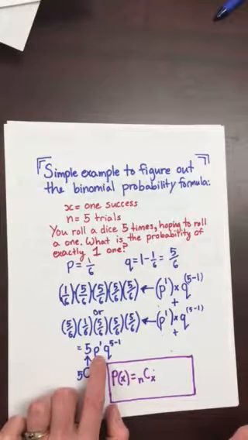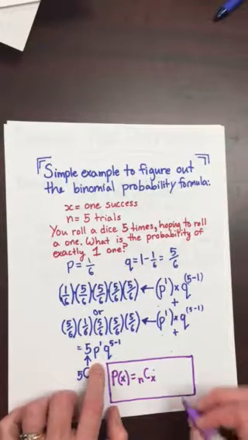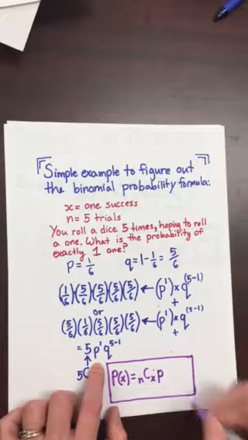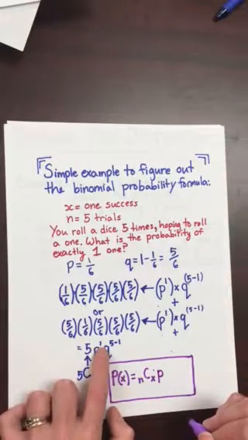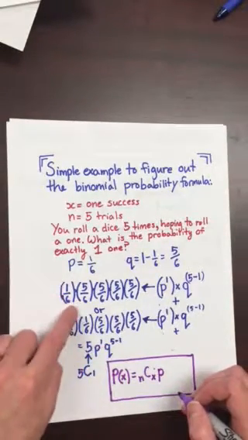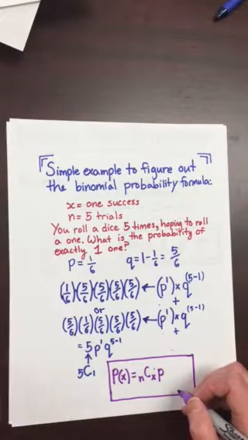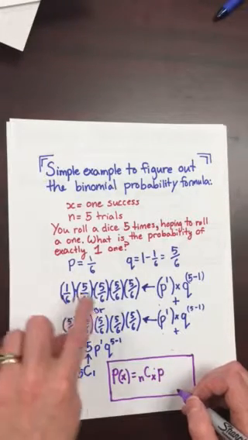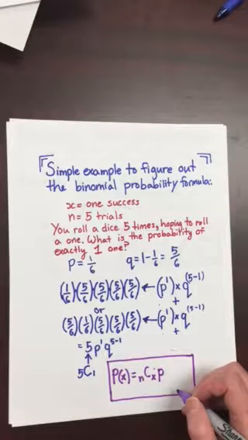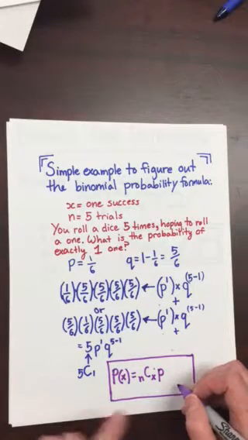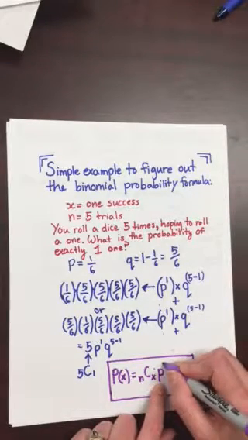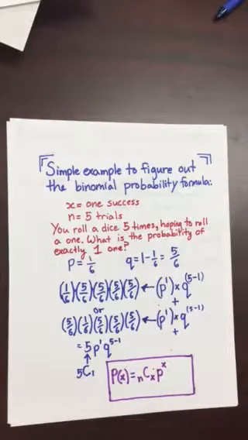Then we multiply that by our probability of success in a single trial, p, lowercase p. Here it was to the power of 1 because there was only 1 success, the 1 in 6. But had there been 2 successes, I would have multiplied 1 in 6 by 1 in 6, or 1 in 6 squared. So it sounds like I should be putting p to the power of x, however many successes I have.